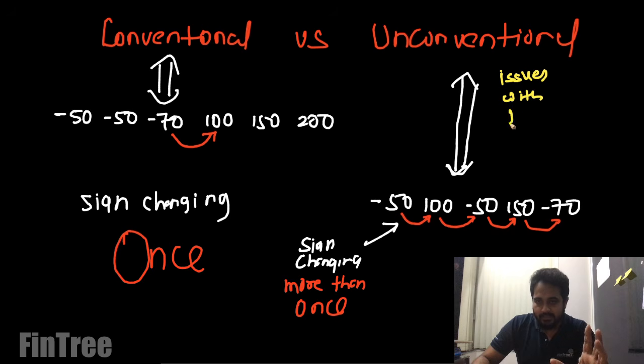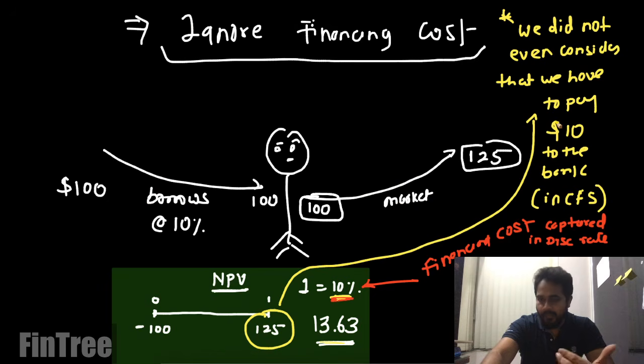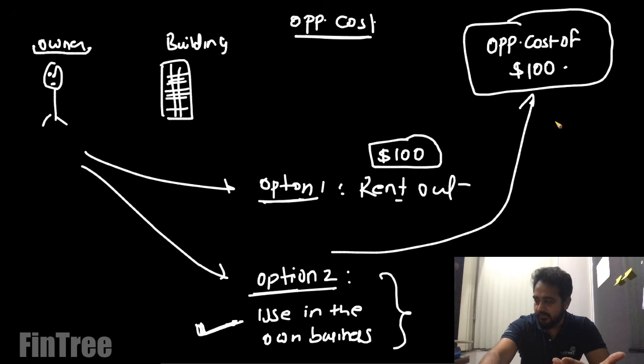That number is called IRR. At level 2 the curriculum just throws up this term, so we will just know what is conventional, what is unconventional, and that if it's unconventional, then we are going to have issues with the IRR. I'm not spending time here, but I'll be happy to take your questions once I finish the discussion.